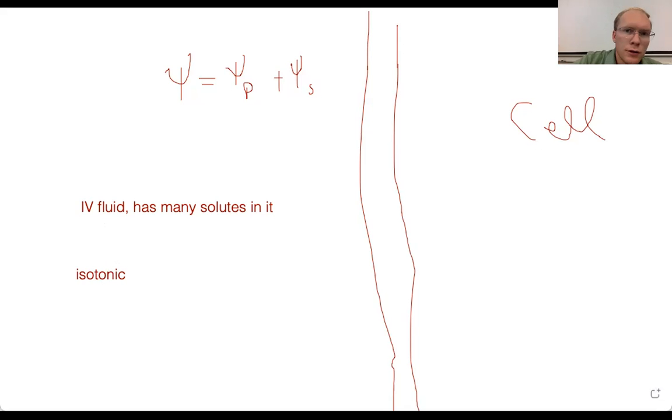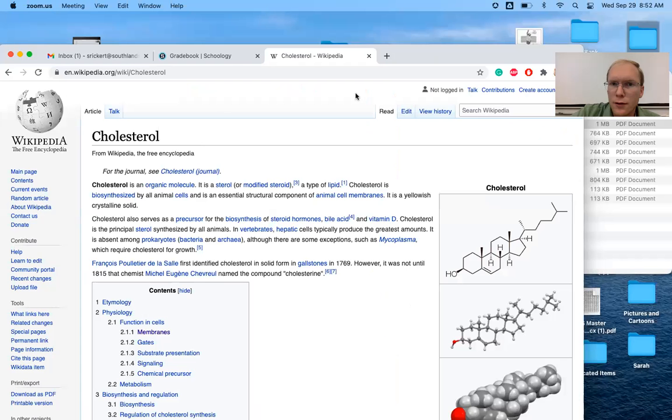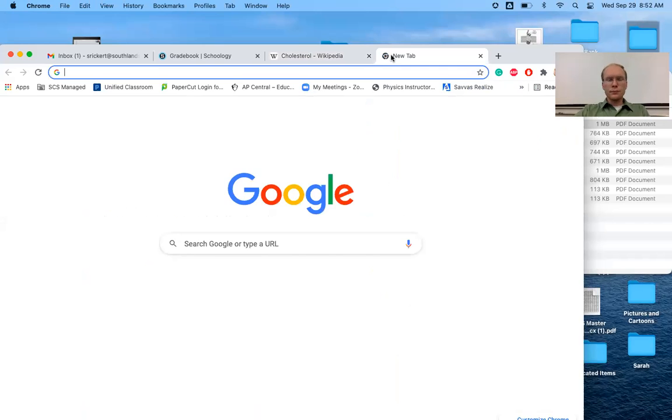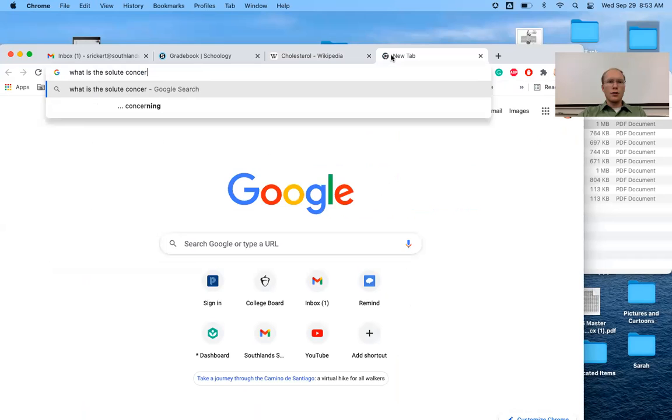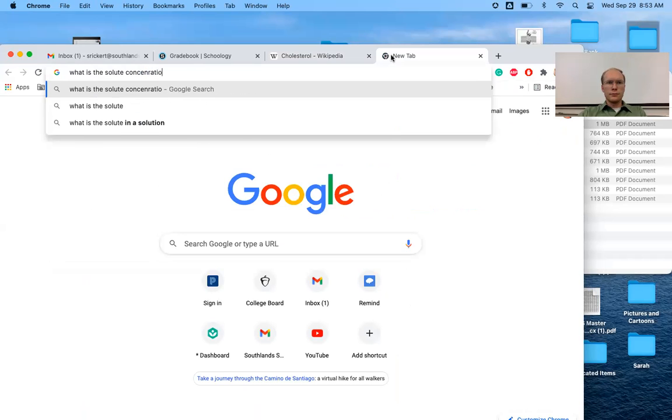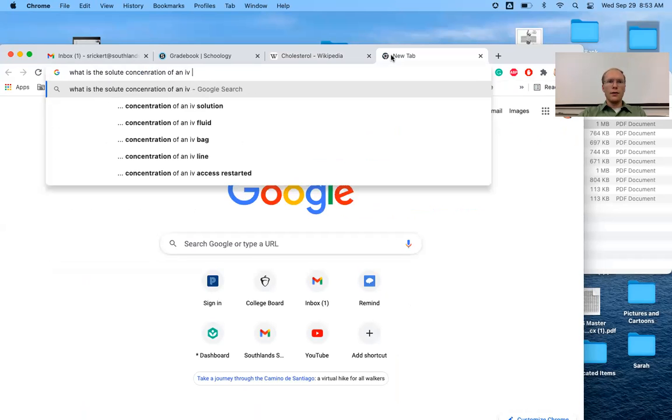So let's just Google, let's just check for a second. What's a reasonable concentration for a cell? So what is the solute concentration of an IV solution?